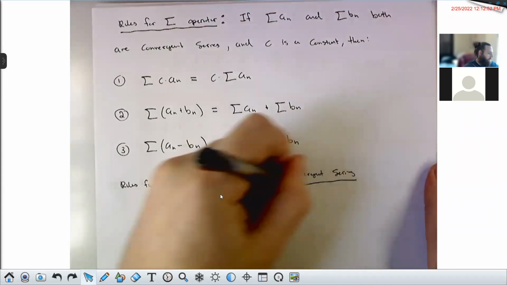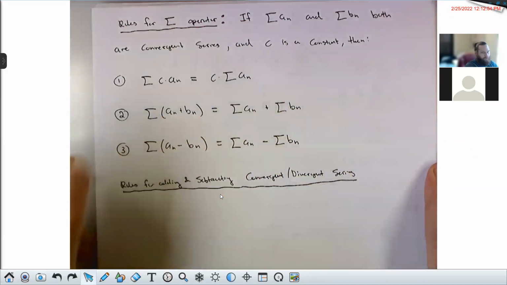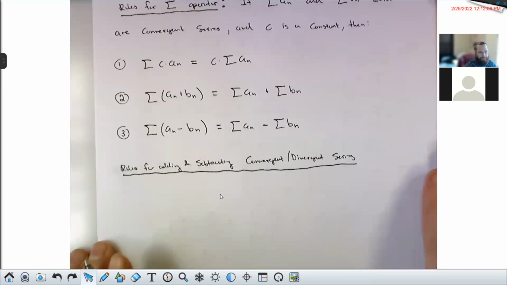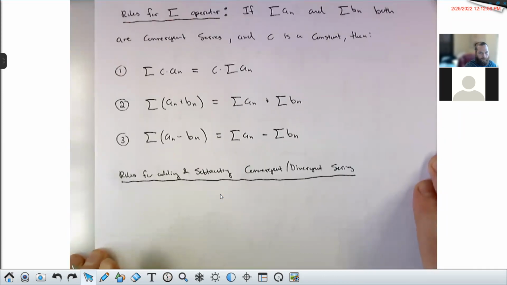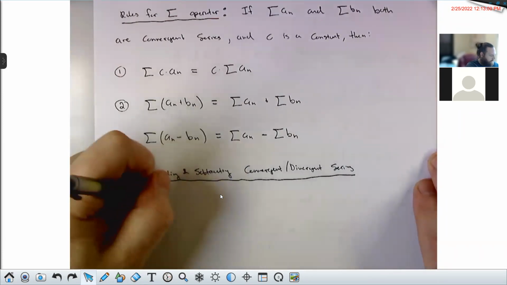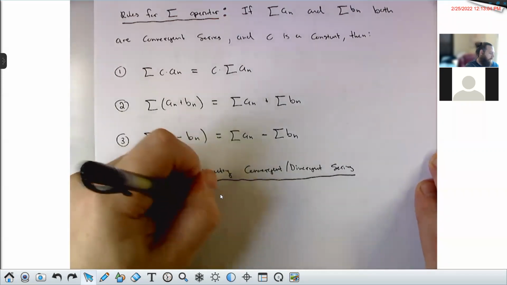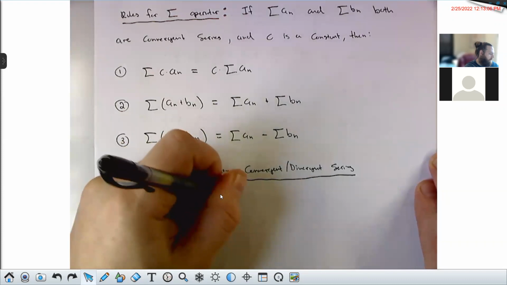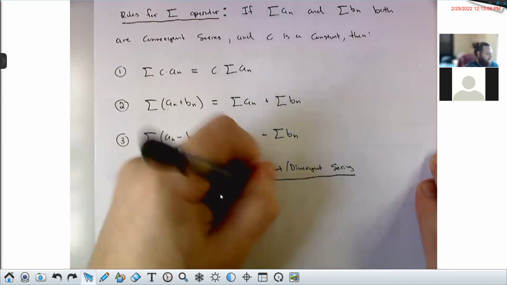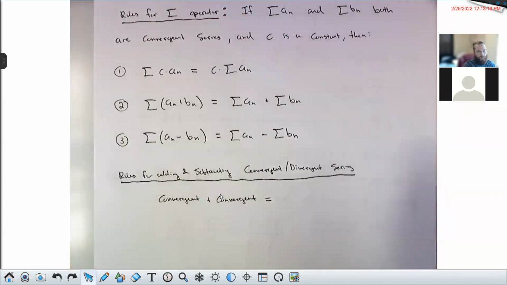And I'm going to give this to you in shorthand because it's just so much easier. If I take a convergent series and I add it to another convergent series, what do you think the result would be?